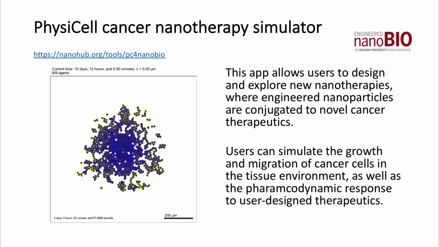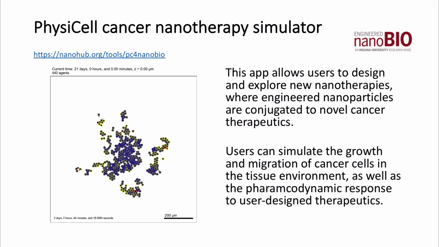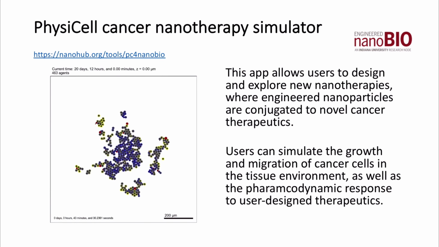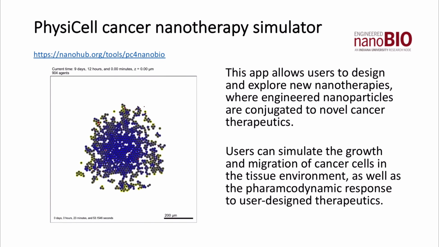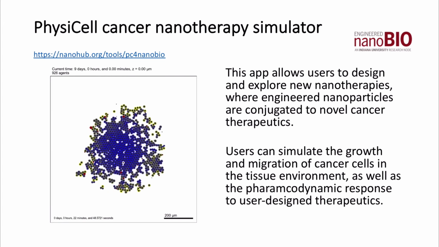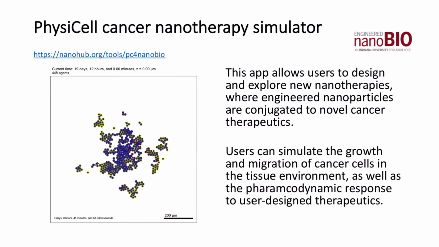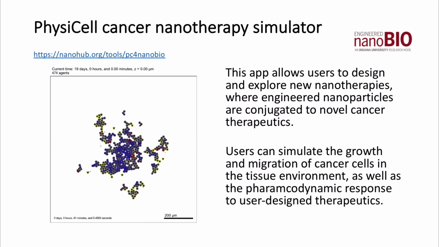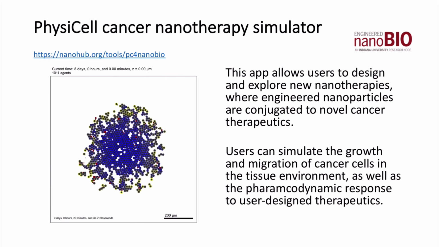The first example simulates a cancer nanotherapy, where users can design nanoparticles that are conjugated to novel cancer therapeutics. In this app, users can simulate the growth and migration of cancer cells in the tissue environment, as well as the pharmacodynamic response to user-designed therapeutics.